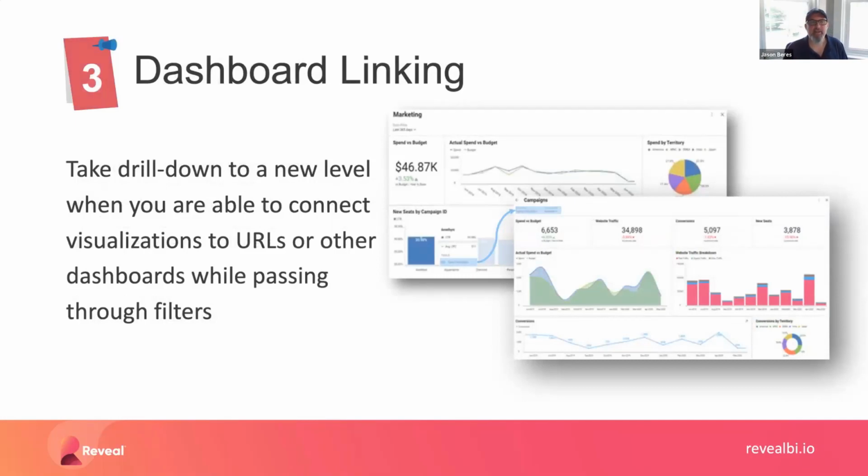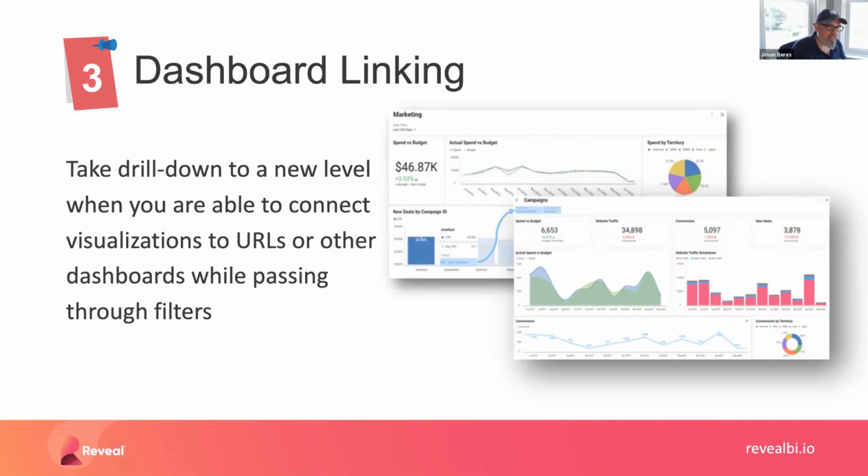Dashboard linking is very important. So being able to be looking at a chart and I want to either drill down, let's say I'm looking at a product and I want to drill down to month, or I'm looking at a year and I want to drill down to the month, or I want to link to a whole other dashboard to give me more insight. So we allow the ability to connect to a separate URL or to another dashboard within Reveal.